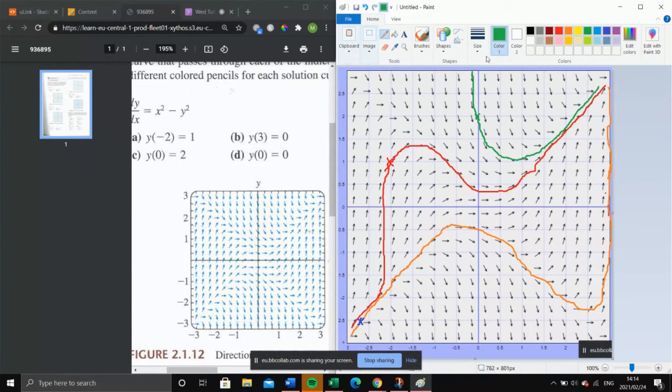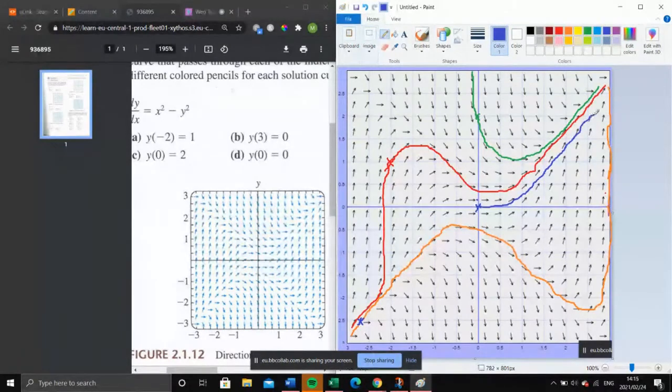All right, and then for the last one, let's pick blue, and the point we're given is 0, 0, and then we do exactly the same thing. We follow. In this general region, it looks like my graph wants to be going horizontally, and then it starts to curve upwards, and then it continues upwards and upwards.